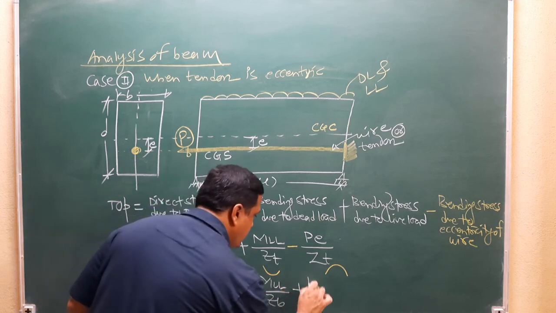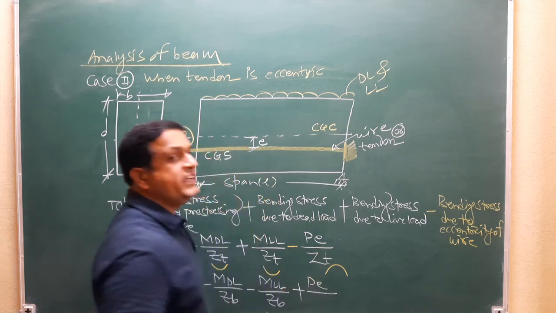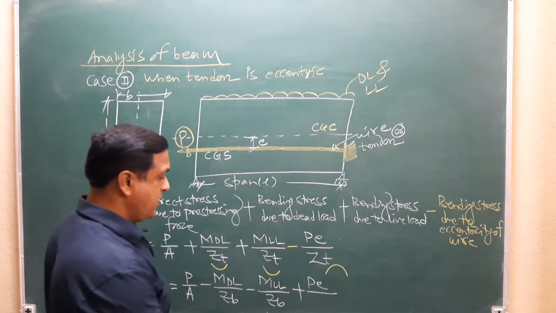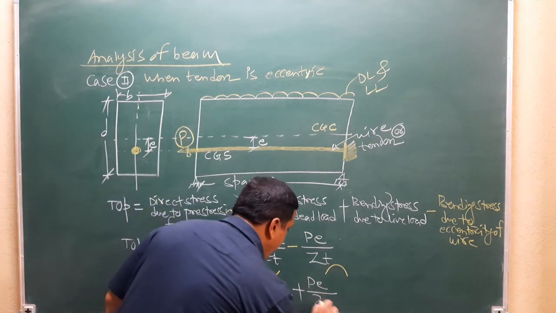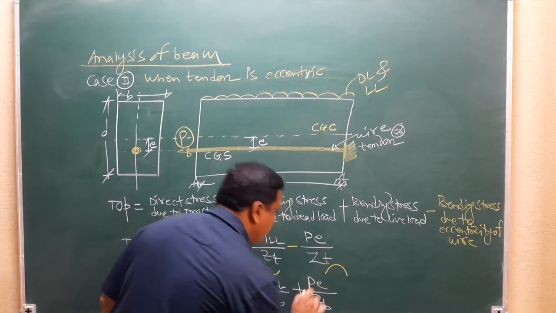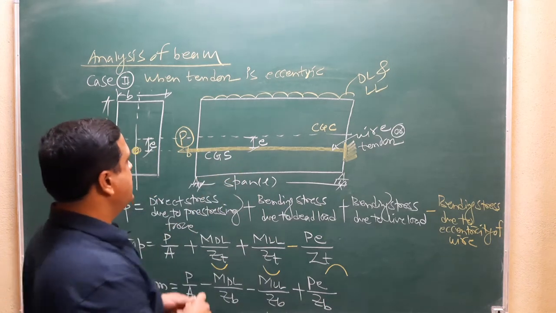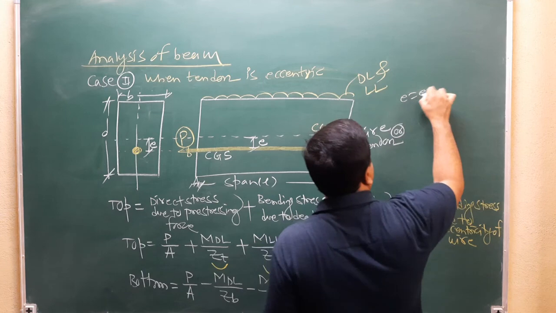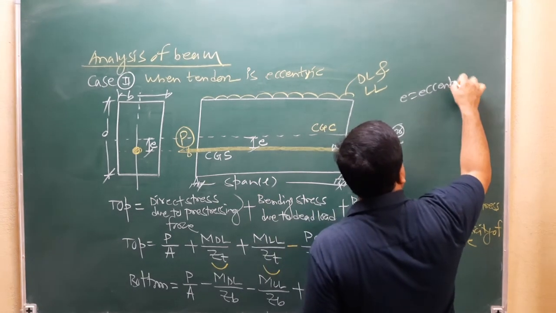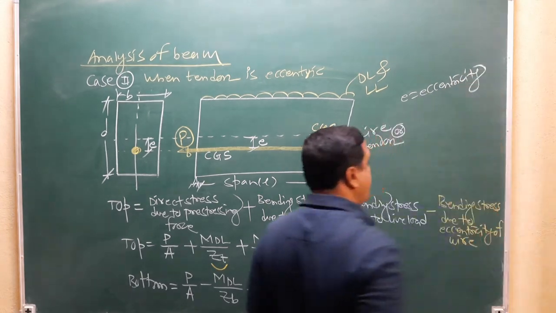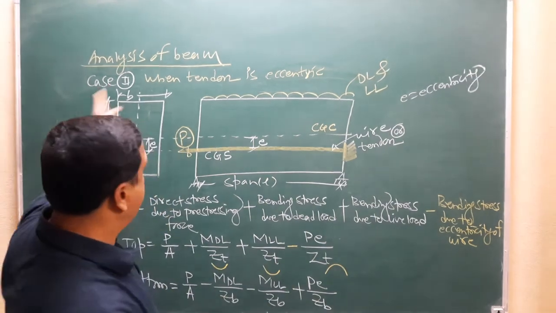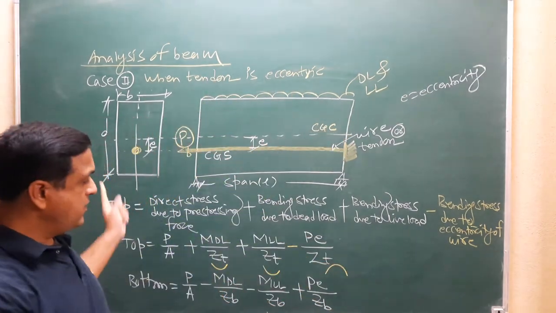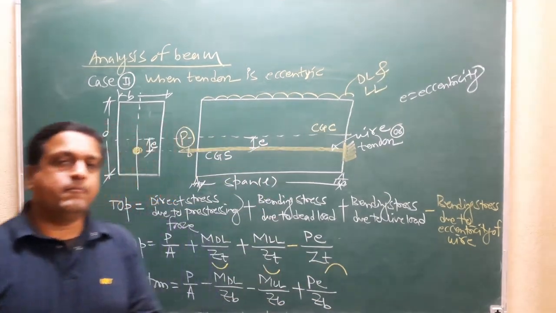Now plus bending moment due to the eccentricity of the tendon, divided by Z bottom. Now what is the E? E is the eccentricity.